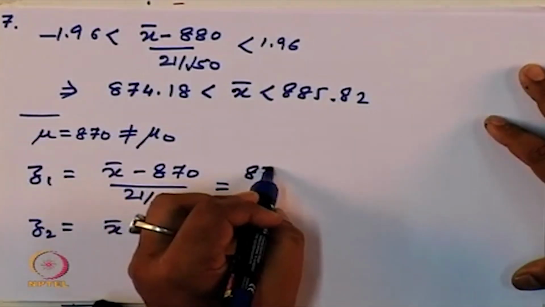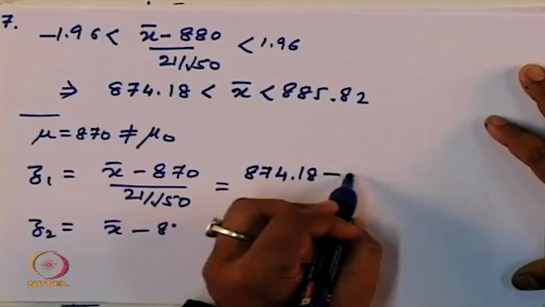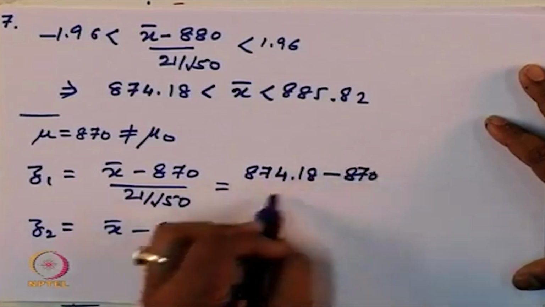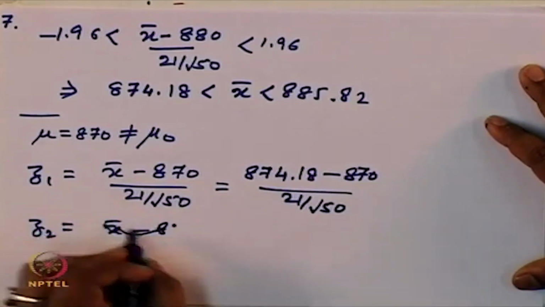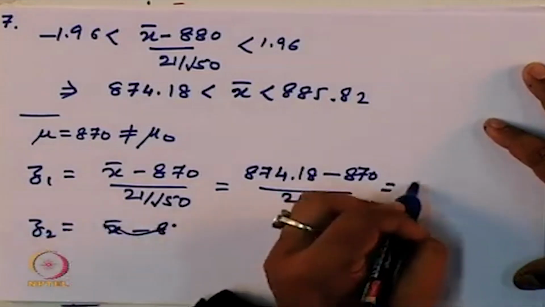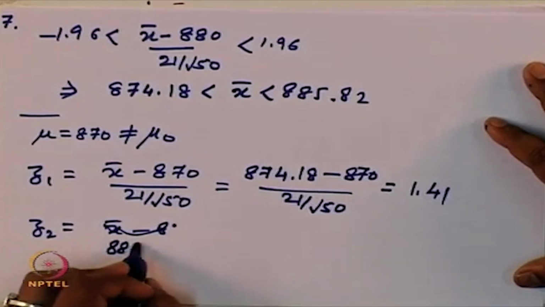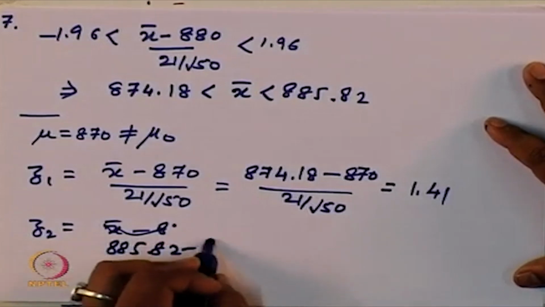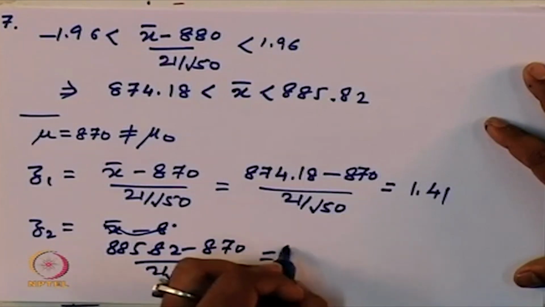Corresponding to 874.18, I get Z1 equal to 1.41, and Z2 is 885.82 minus 870 by 21 by root 50. This gives me a value of 5.33.